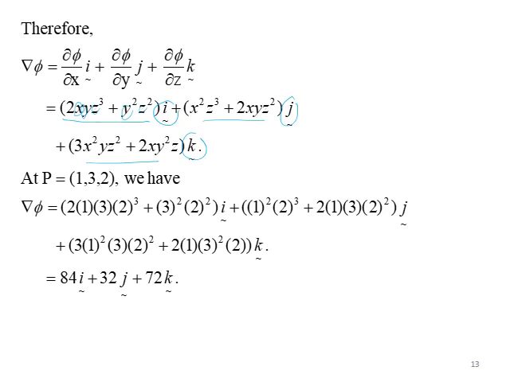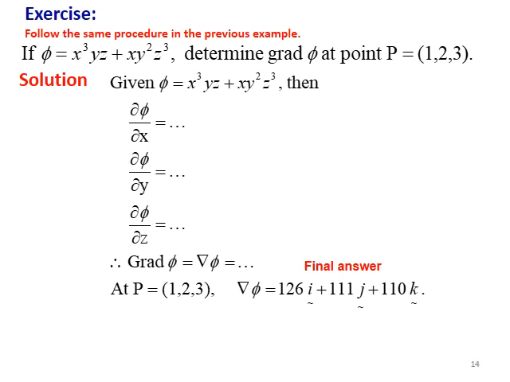My advice here is to use brackets, because the brackets will reduce error problems. You may forget a sign, you may forget a number. It will reduce the mistakes and avoid mixing the numbers. So I do the math here, and this is the final shape of my gradient, which is a vector. Now what I want you to do: I change the function phi, and I change the point.